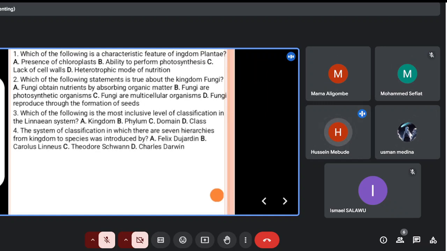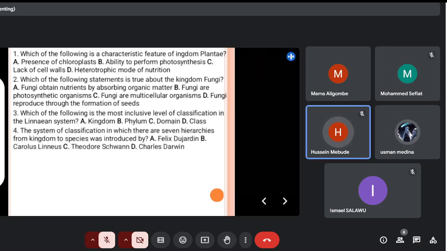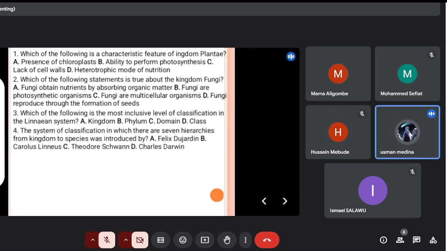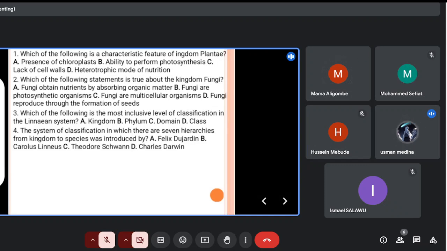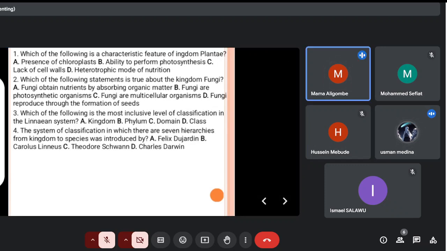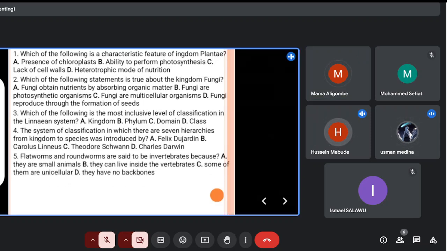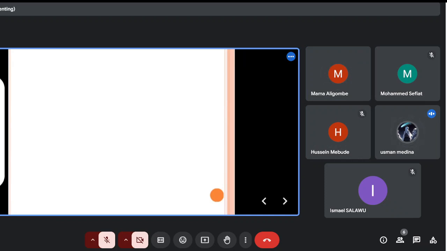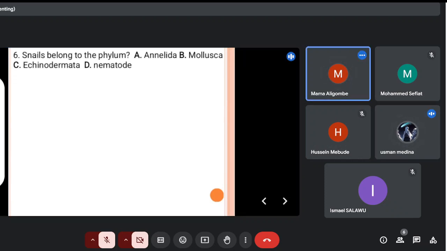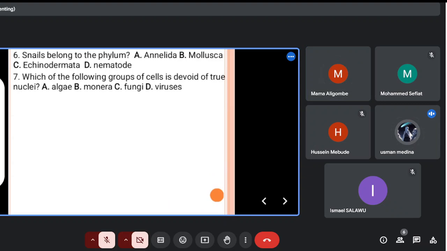Kingdom that contains everybody. The seven hierarchy of classification was introduced by Carolus Linnaeus. Okay, we've not talked about animals.